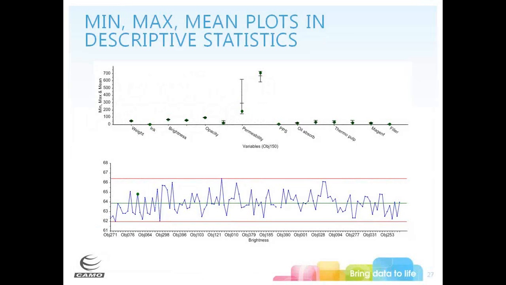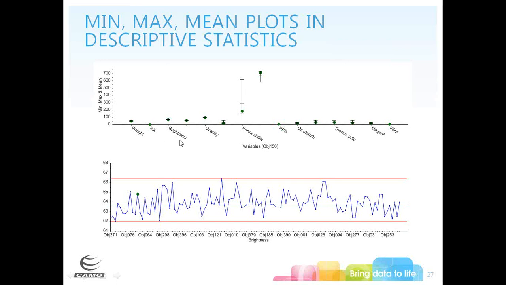Other changes come under our analysis and prediction, wherein one is indeed the addition of max, min, and mean plots in our descriptive statistics. So when you run descriptive statistics, you now have the ability to also see plots like these where you have the ability to look at the variability of each of your variables across all samples, where this is a control chart of my variable brightness, where I have the sample, which is shown here in the top, highlighted with a dot in the control chart.